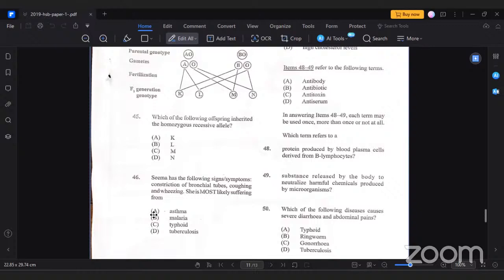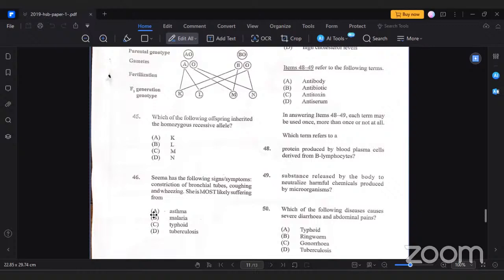Send in your answers. I am seeing A from Williams. Anybody else? Williams, you are indeed correct. Antibodies. They send out antibodies to fight infections. Now we are at 49.